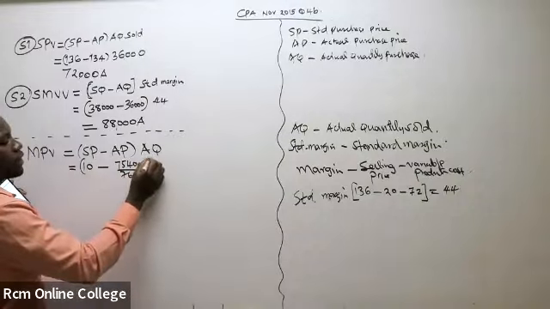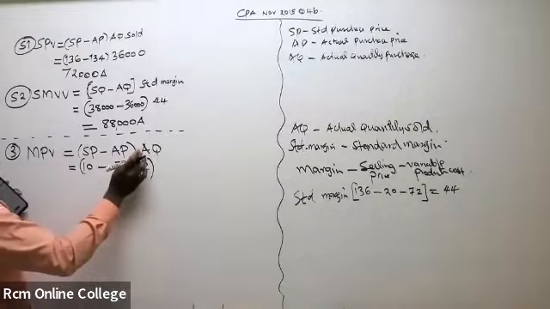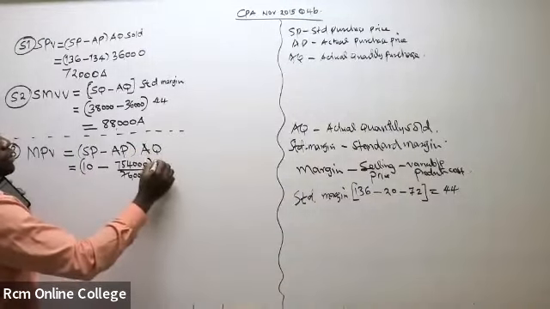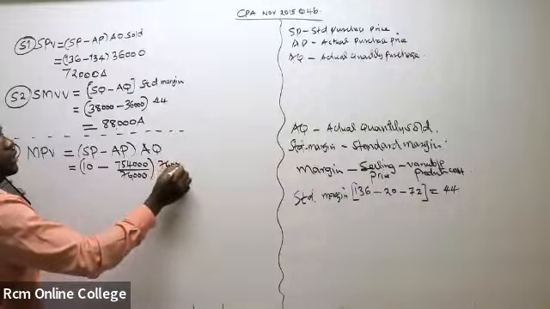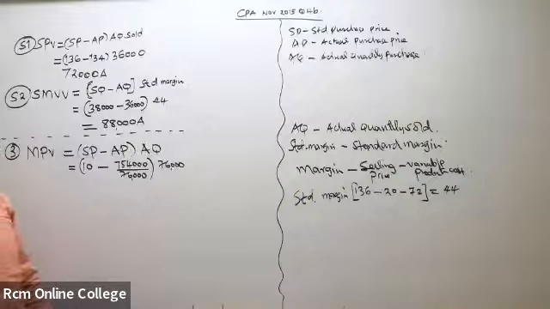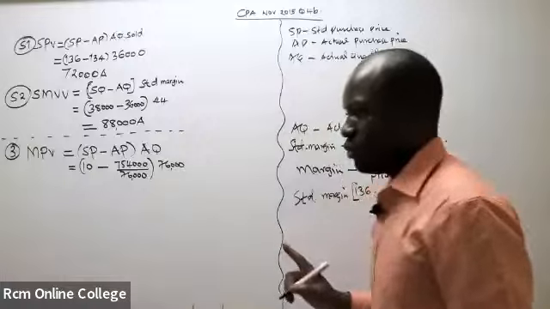That will give us the purchase price per unit of raw material. We multiply by actual quantity of raw material, which is 76,000 kgs. So let's first of all deal with this first portion.